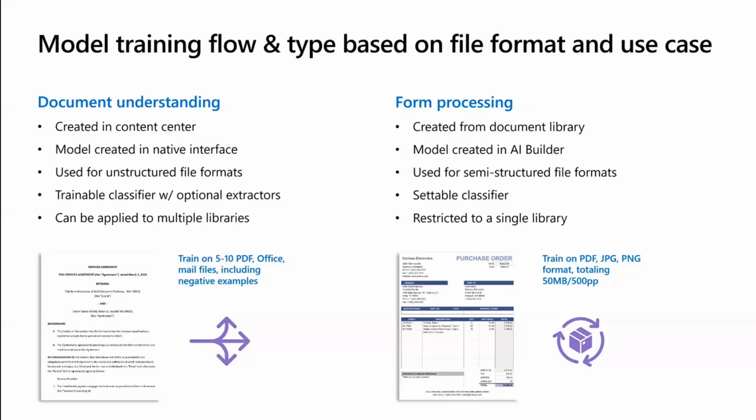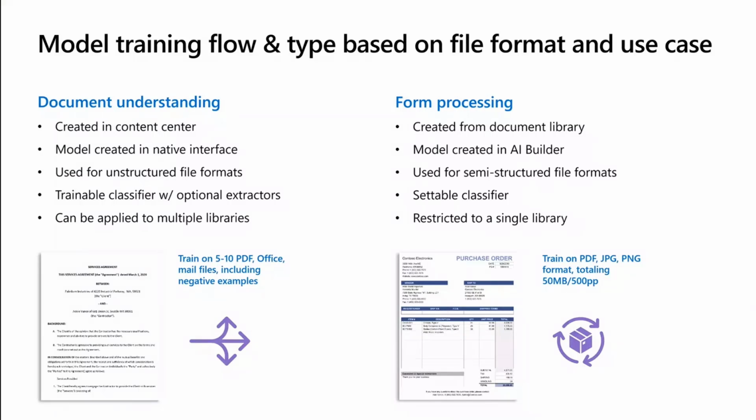Whereas the form processing, using the Form Recognizer API in AI Builder, is a little bit more structured. That one's better for digital forms and invoices, things where you have a real clear, more structured format where you have a clear key-value pair. And what you want to do is say, hey, I want to pull the date value out of the date field in this purchase order, or get the total out of the invoice.